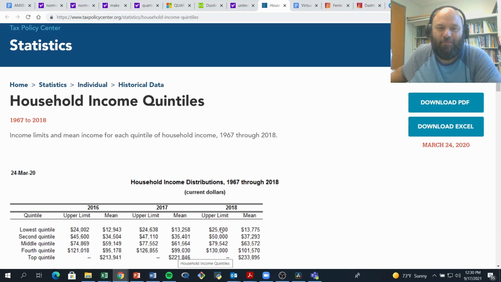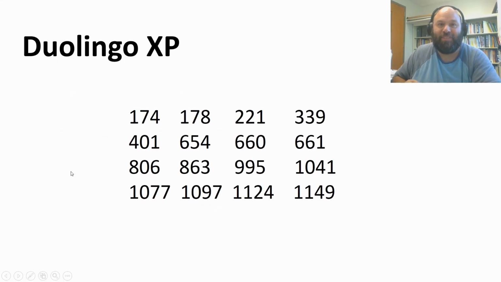Those whose income falls between 25,600 and 50,000 a year in 2018 average 37,293, and so on. This is another example of percentiles, this time going by 20th percentiles, one-fifth of 100, quintiles. That's another way to break up data in terms of percentiles.